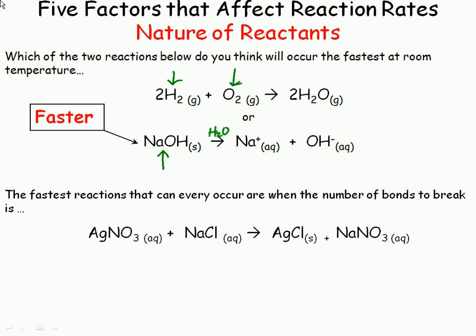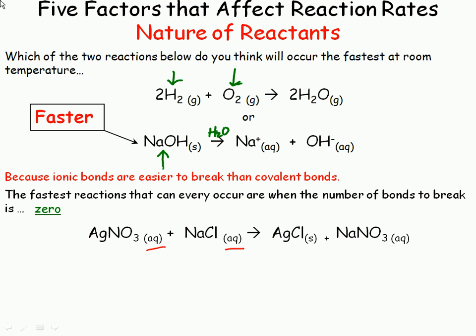The reaction on the bottom here is even faster. Okay, the fastest reactions that can occur are when the number of bonds that you need to break is 0. So we have 0 bonds to be broken in this because if you look carefully, we have these little aqueous symbols right down here.